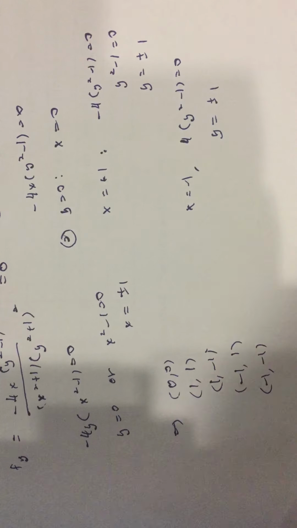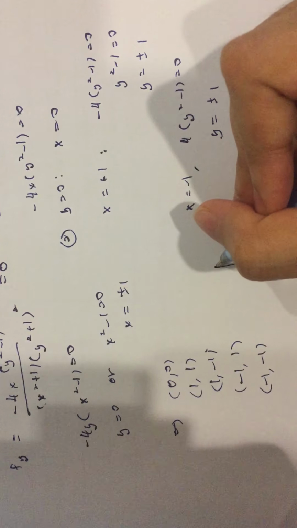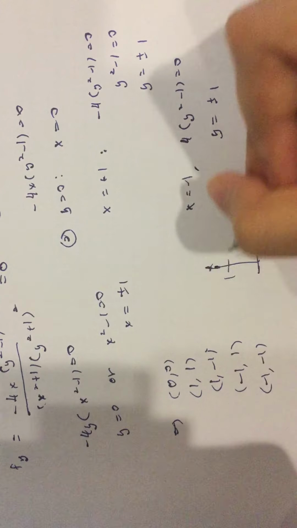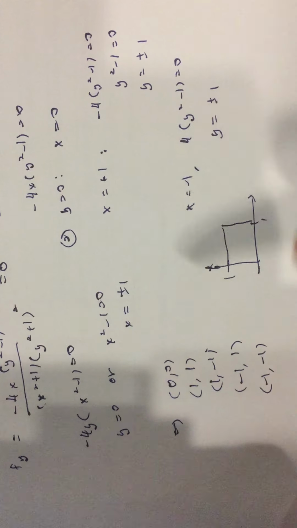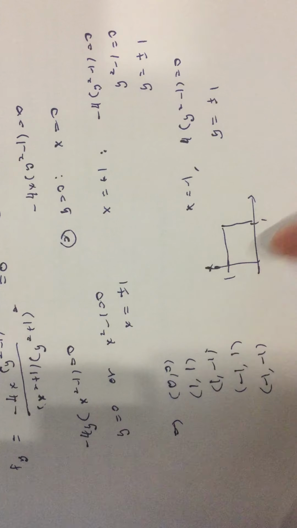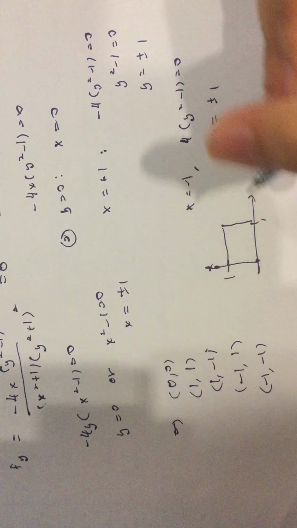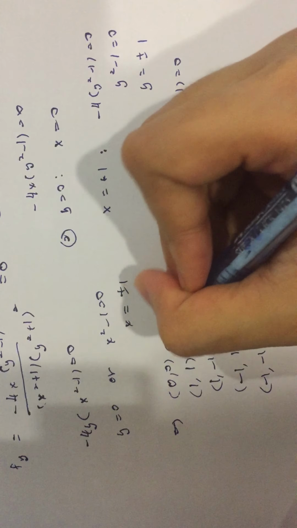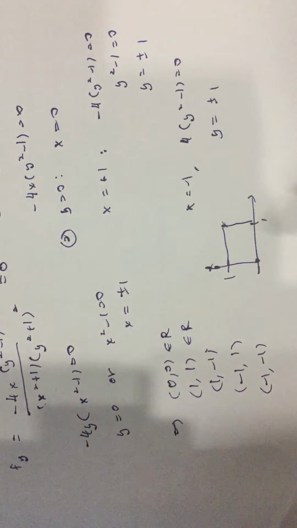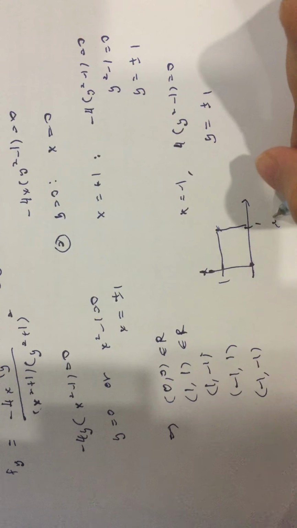Okay, but the region R we have is actually this square here, from 0 to 1 and 0 to 1. So if we look at this, 0, 0 is over here, so it is inside the region R. And then 1, 1 is over here, so also inside the region R. But then 1, minus 1 is here, outside the region.